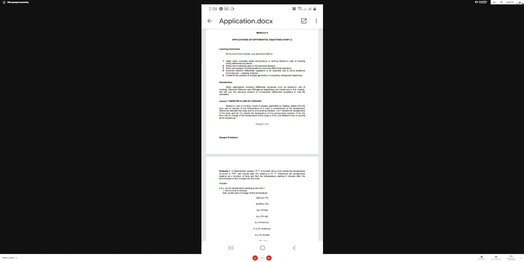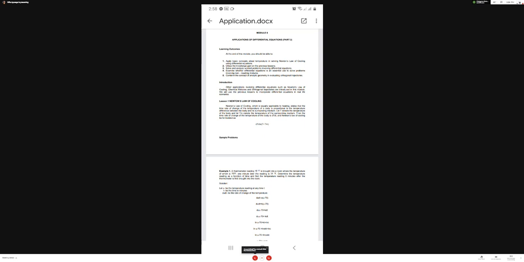So, meron pa ring limits. Kasi there's a possibility, mas mainit nga siya, pero hindi na siya kayang i-check nung thermometer mo. Or, hindi mo na kayang i-check kasi nga, nanigas ka na. Diba? Ganun lang yun. Okay. And same thing with heat.